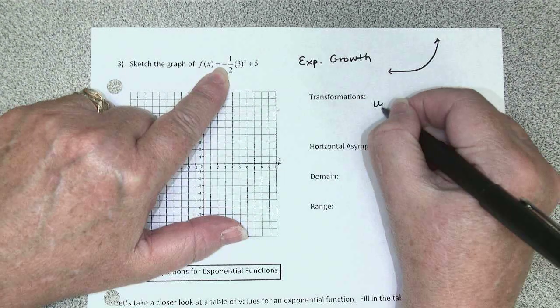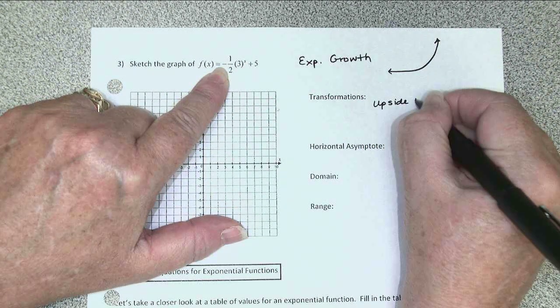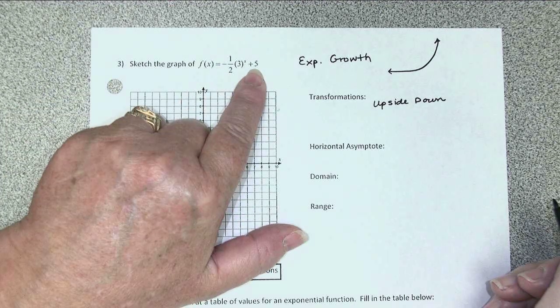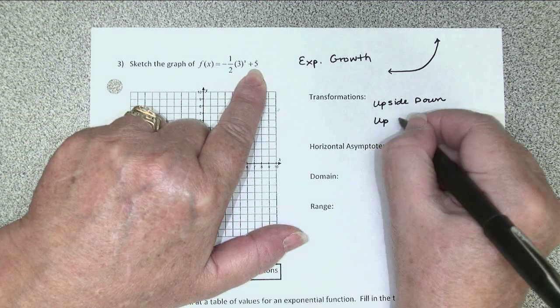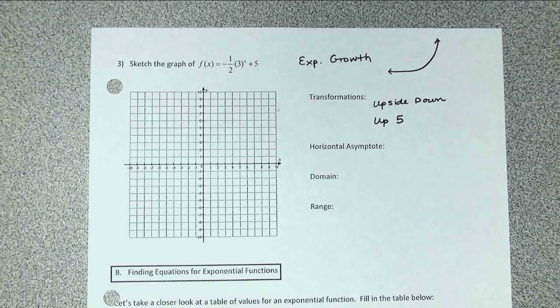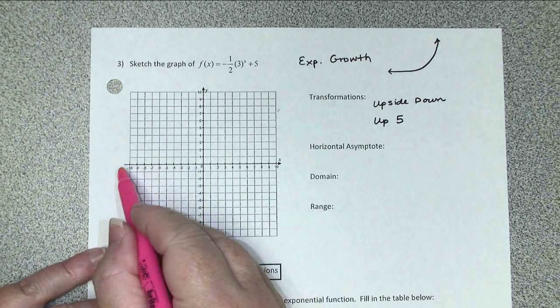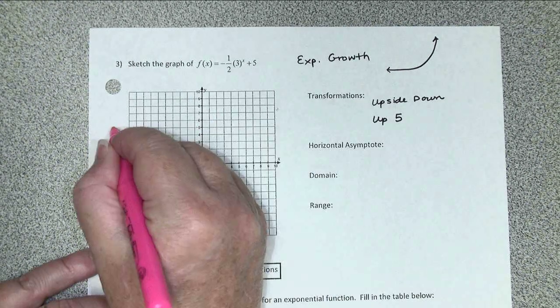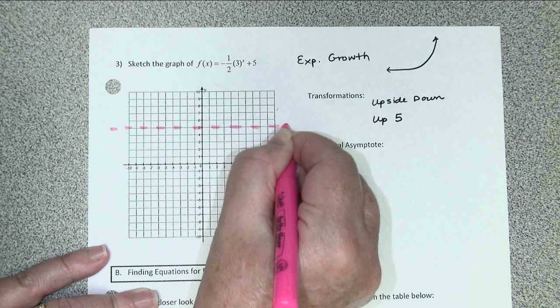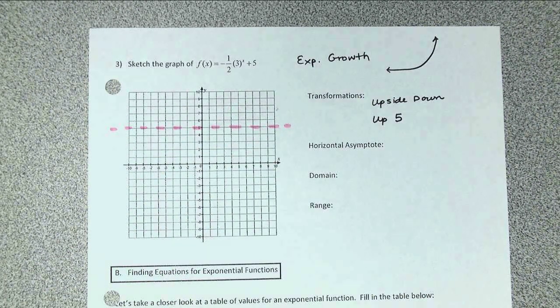So it's going to be upside down, or reflected across the x-axis. It's also shifted up 5. So I'm going to start with my horizontal asymptote. Starting from the x-axis, it's shifted up 5. So there's my new horizontal asymptote at y equals 5.